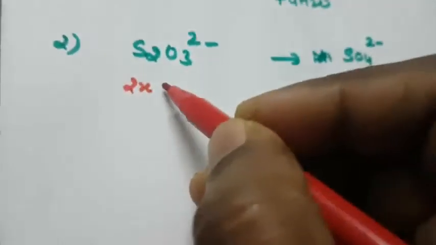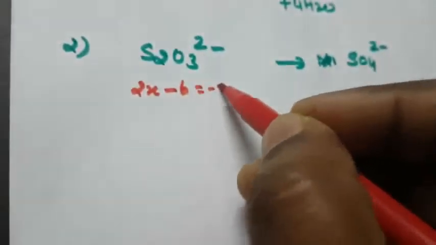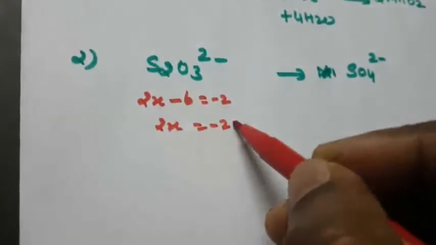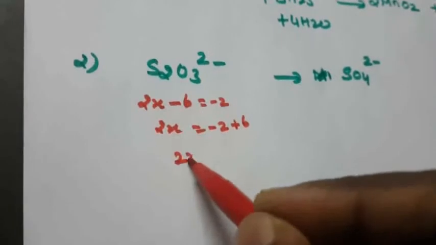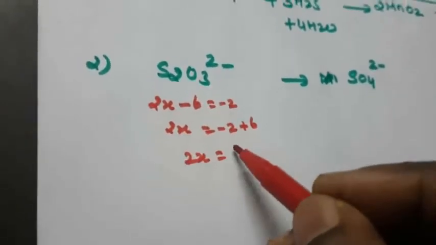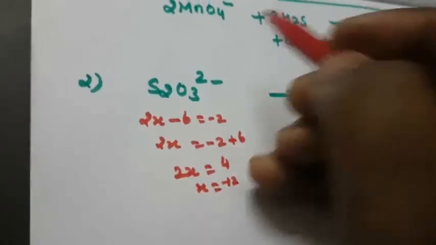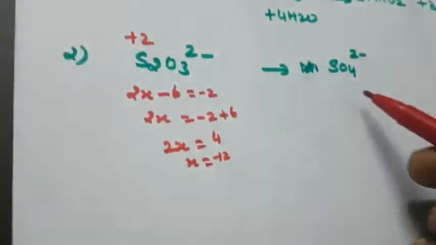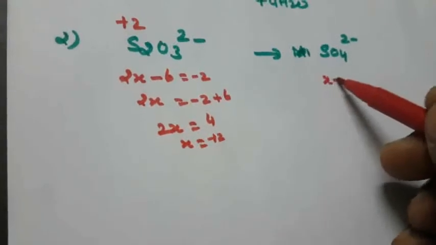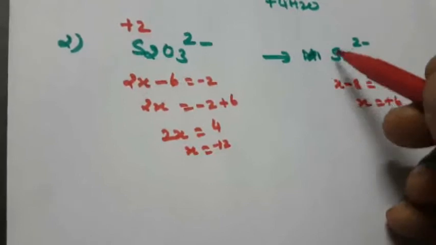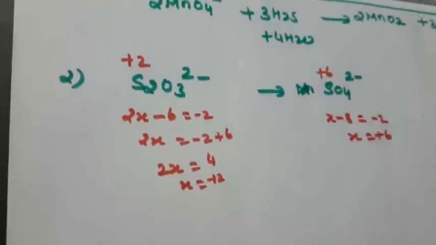What is the oxidation state here? 2x minus 6 equal to minus 2, 2x equal to minus 2 plus 6, 2x equal to 4, x is equal to 2. Okay, that is the plus 2 oxidation here. What is this oxidation? x minus 8 equal to minus 2, x is equal to plus 6. So here that is plus 6 oxidation, right?